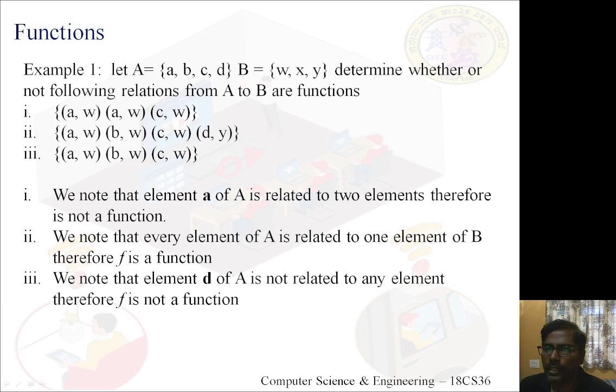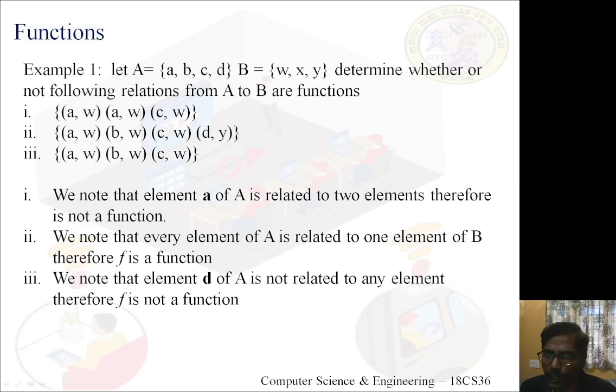So I have given three relations from A to B, and I need to check whether all three of these relations from A to B are functions from A to B, or is there any relation among these three which is not a function from A to B.